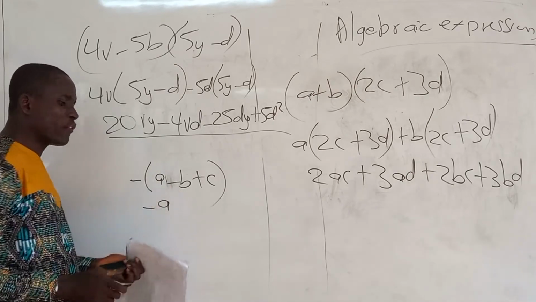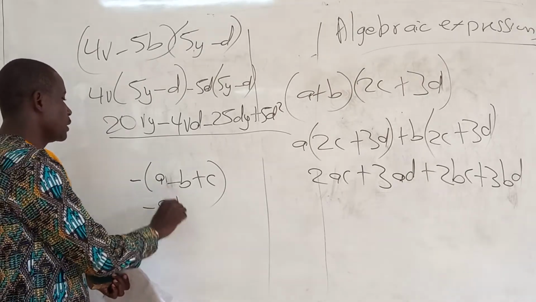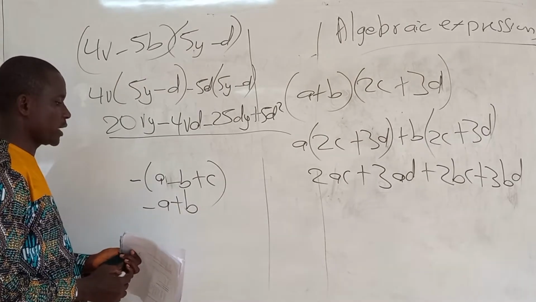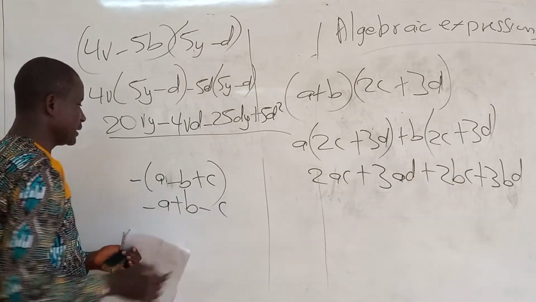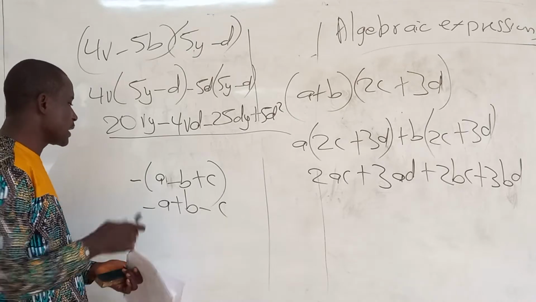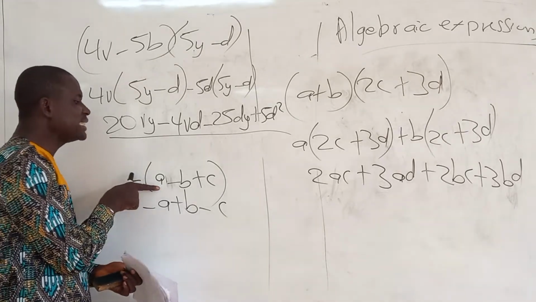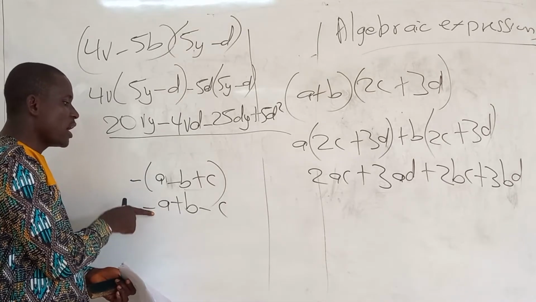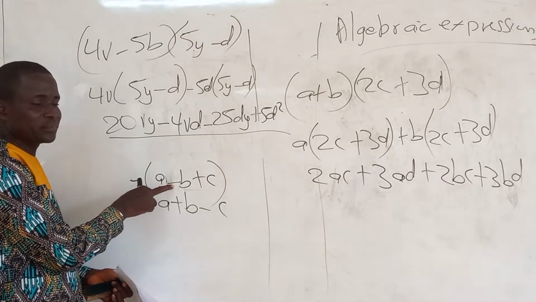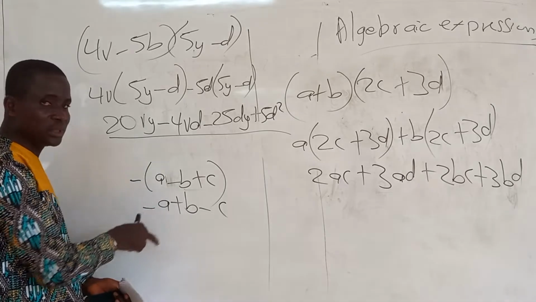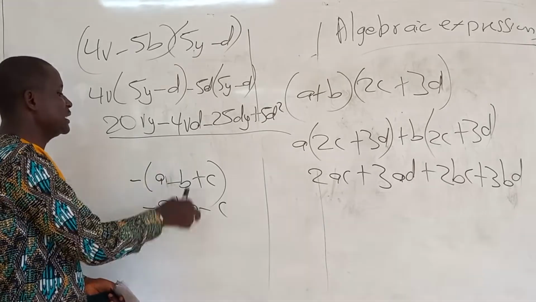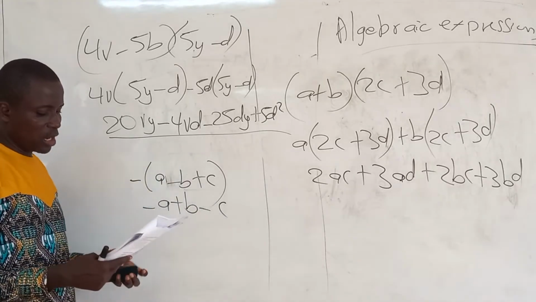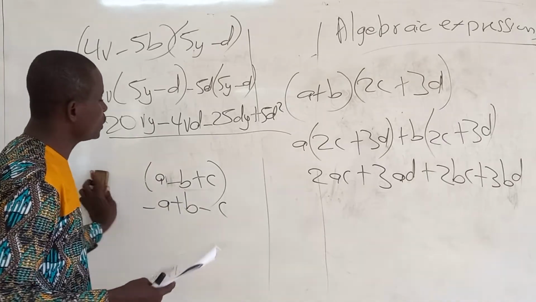The negative will affect the negative here, and it will be plus b. Then minus c. What am I trying to say? It means that anytime there's a negative sign outside, it changes every term in the bracket. So here becomes negative a. Remember here was negative b, so it turns to positive b. Here was positive c, it becomes negative c. I hope I've made my point.